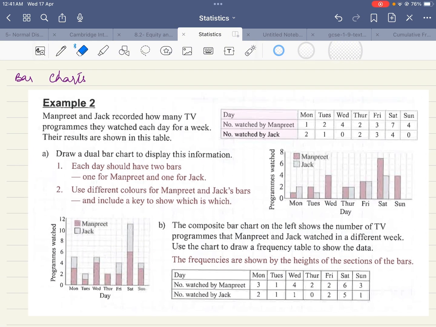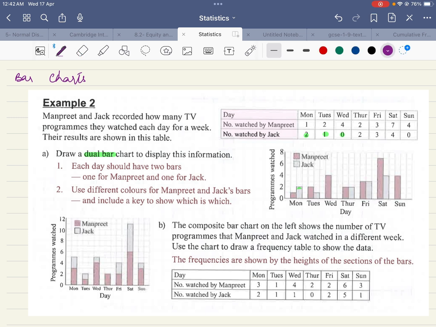Let's have a look. Question says Manpreet and Jack recorded how many TV programs they watched each day for a week. Results are shown in the table. These are the results here, right? Okay. We have to draw a dual bar chart. Dual bar chart means that two bars are drawn separately.